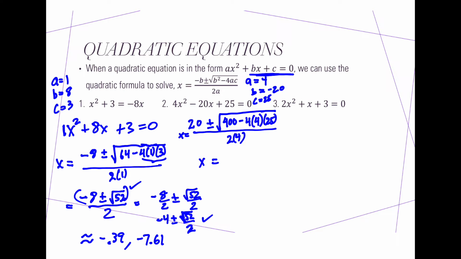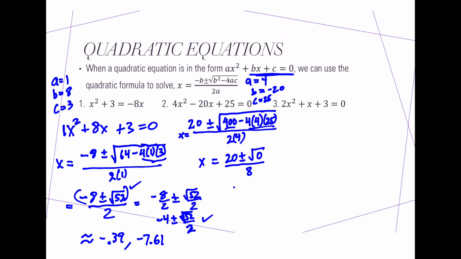And so that gives me 20 plus or minus square root of 0. This becomes 400 minus 400. 25 times 4 is 100 times another 4 is 400. So that gives me the square root of 0 over 8, plus and minus that. Whenever we have plus and minus nothing, square root of 0 is 0.